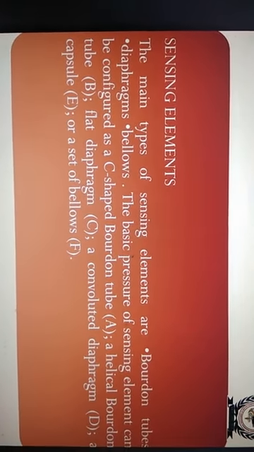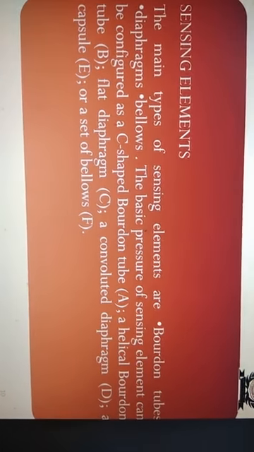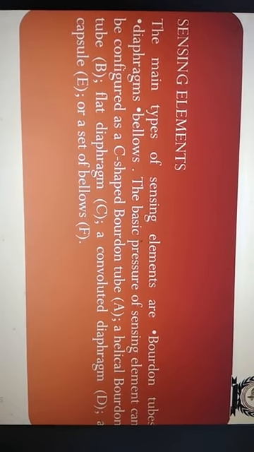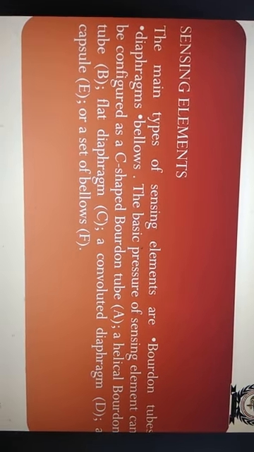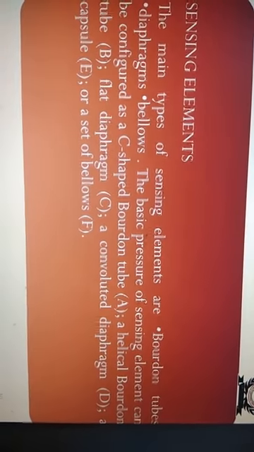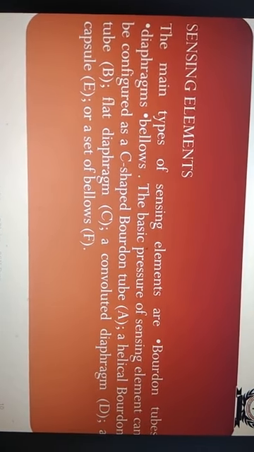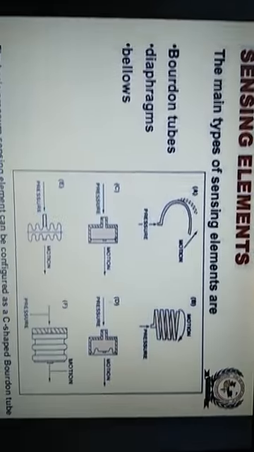Then the different types of sensing elements to sense the pressure are the Bourdon tubes, C-shaped Bourdon tube and helical Bourdon tube, flat diaphragms, convoluted diaphragm, then one capsule, and the set of bellows which we have seen.